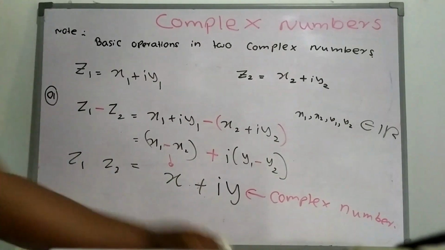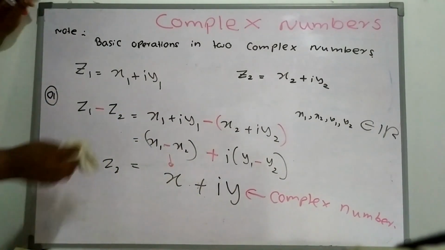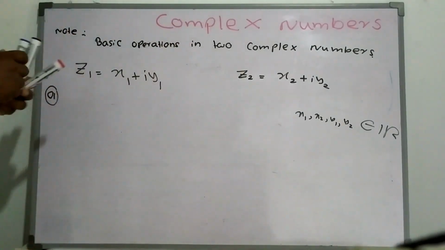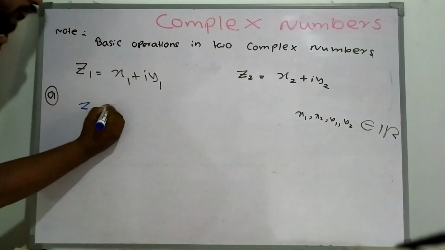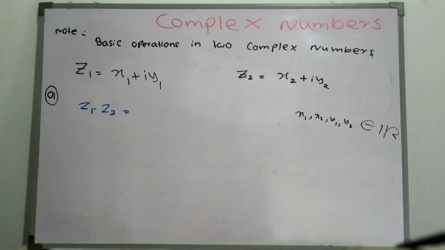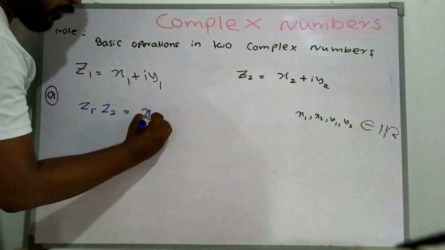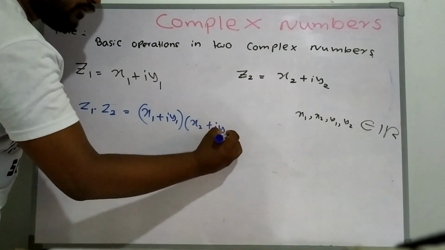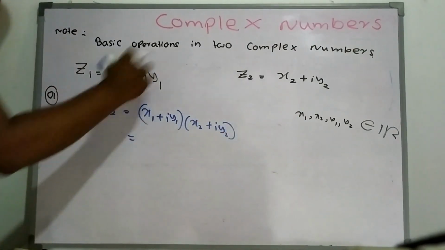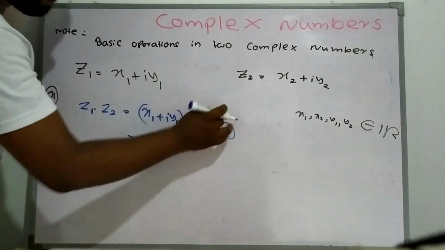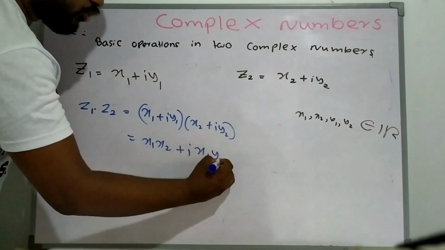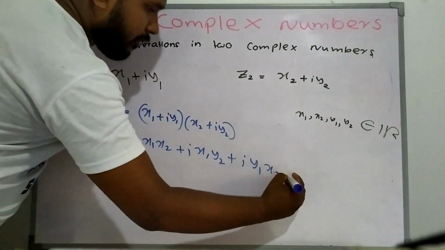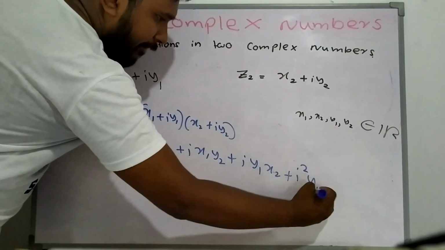Right, let's look at the product of two complex numbers. z1 into z2: x1 plus iy1 times x2 plus iy2. That is x1 x2 plus i x1 y2 plus i y1 x2 plus i squared y1 y2.